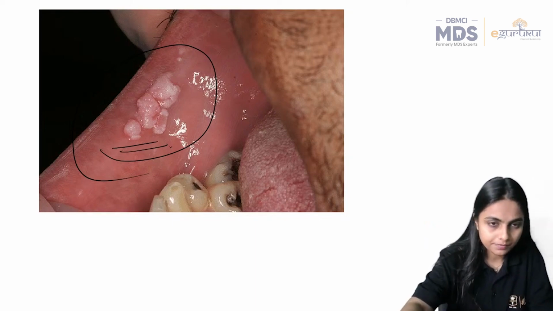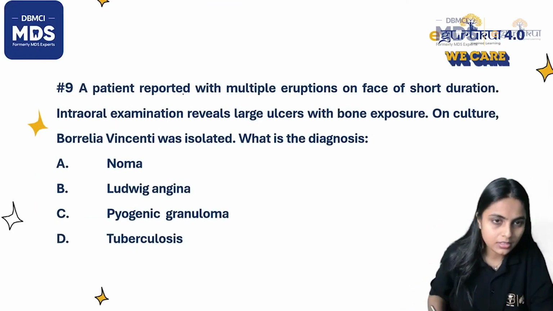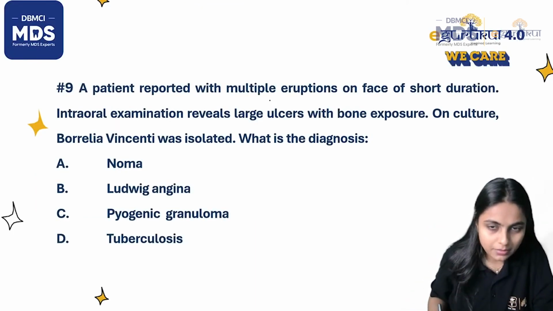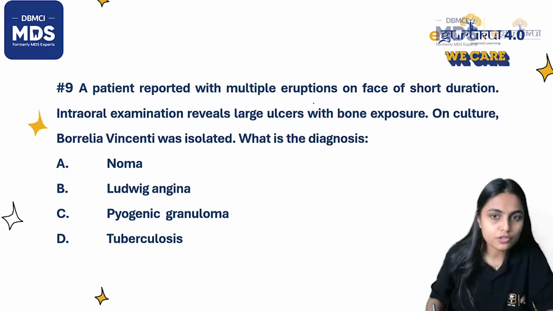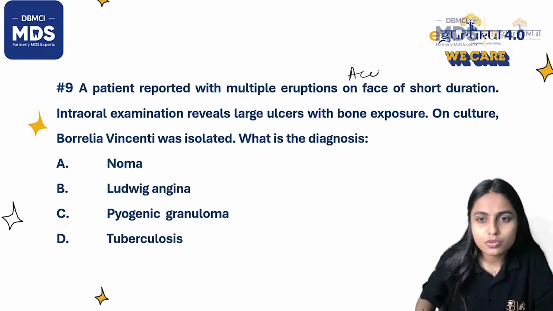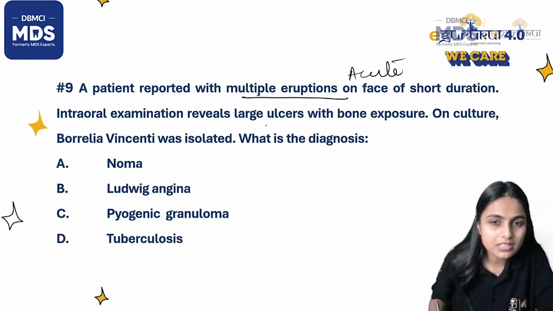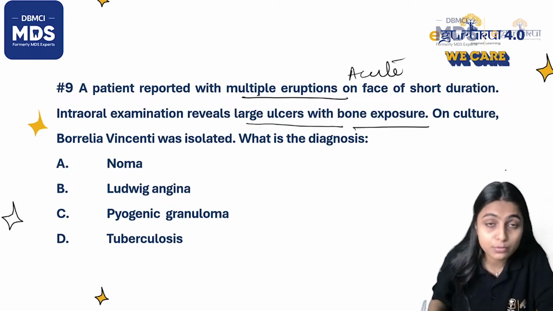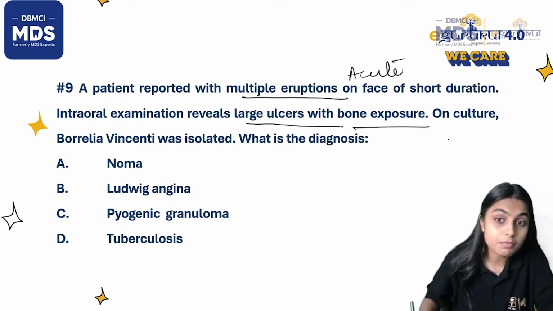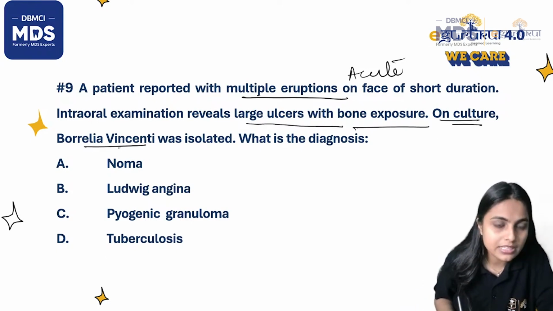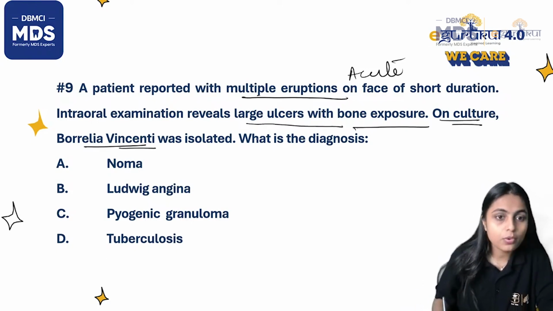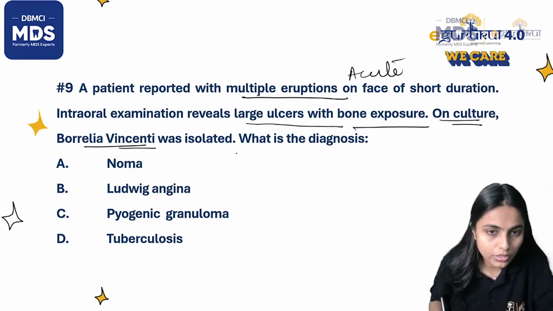Moving on further, question 9. Patient reported with multiple eruptions on face of short duration, so we have acute multiple eruptions. Intraoral examination reveals large ulcers with bone exposure. On culture, Borrelia vincentii was isolated.